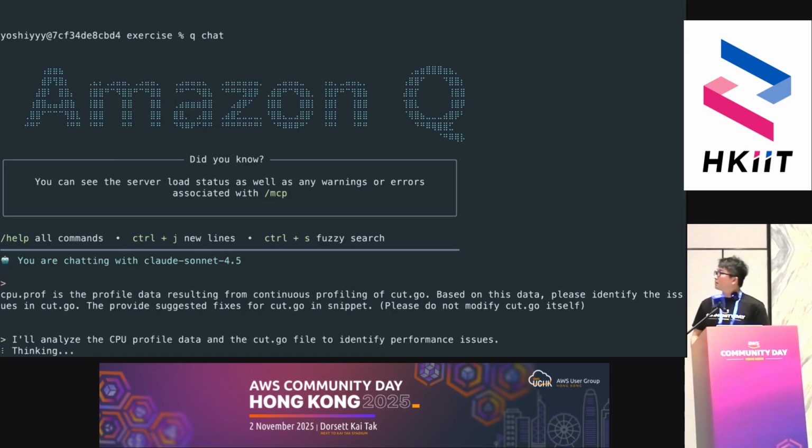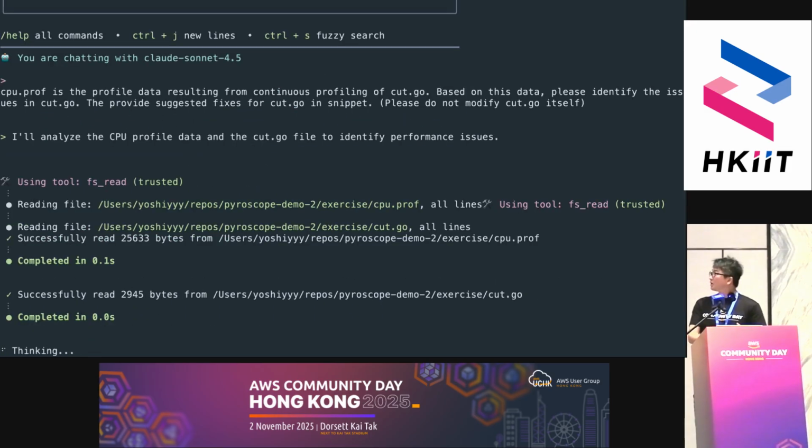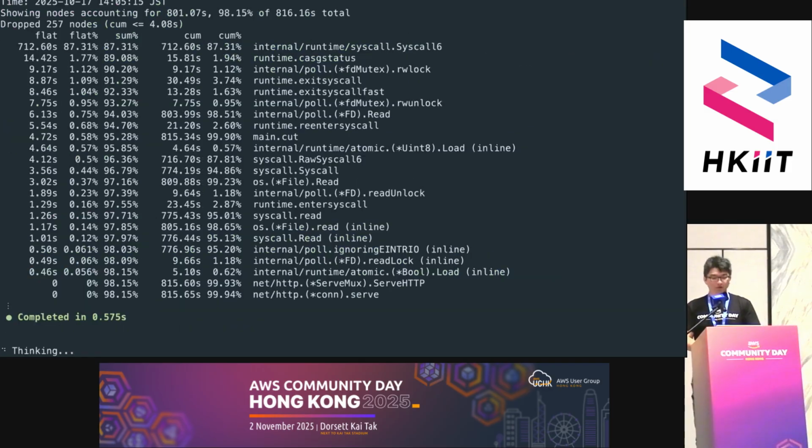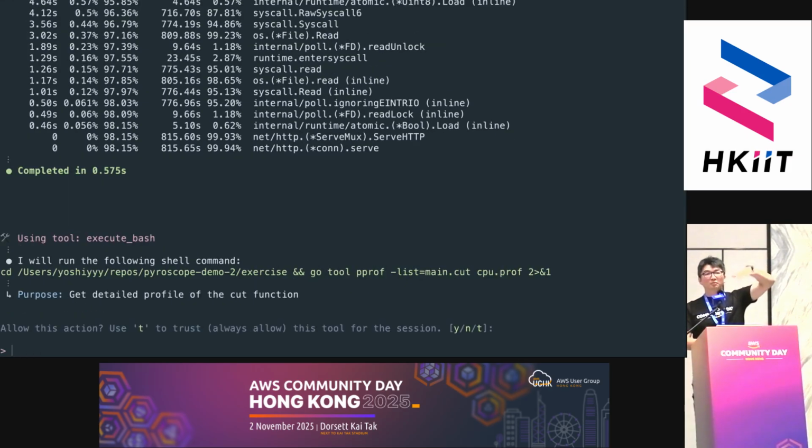If I run it, it starts analyzing the source code and the profile data, and it realizes that it requires some tools to visualize the profile data. So I say yes, and then it shows the whole CPU usage by the stack, by the function. And then it identifies the exact function that causes the issue.